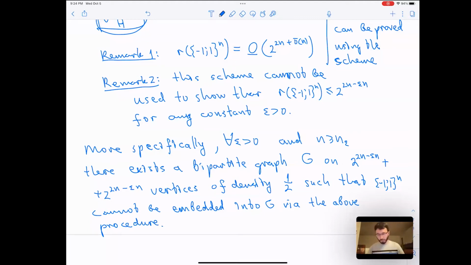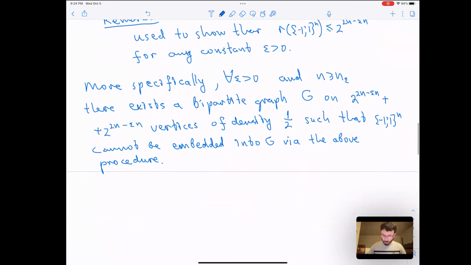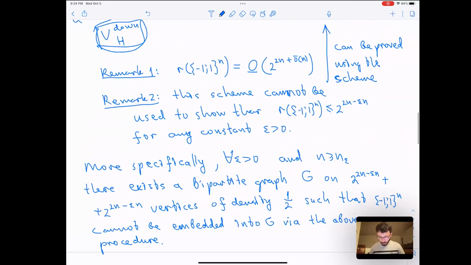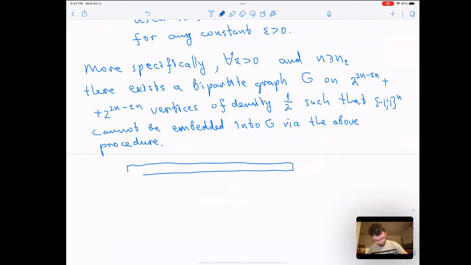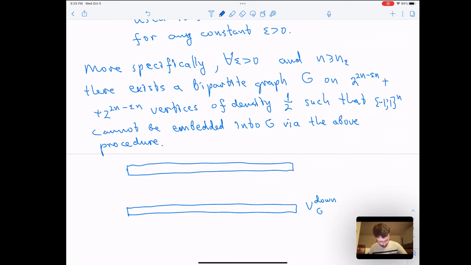And the way this graph is constructed, it has some sort of block structure. So the idea is this. We have this set of vertices V of G, which is split into blocks. The number of blocks should be chosen carefully.